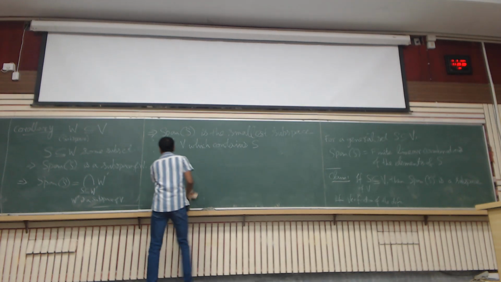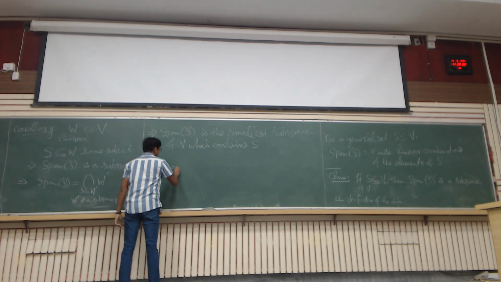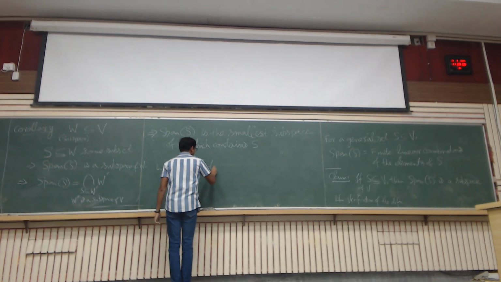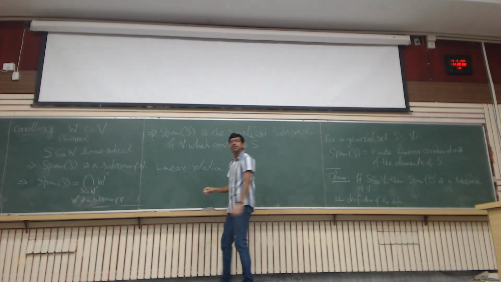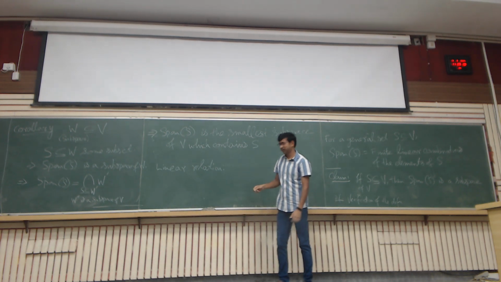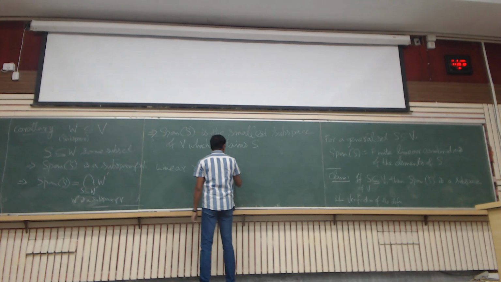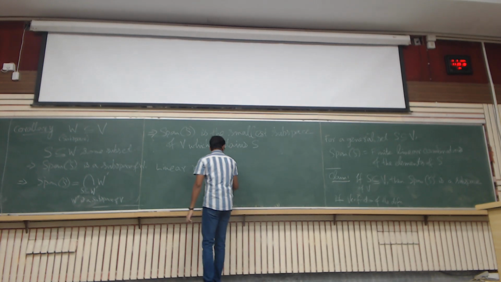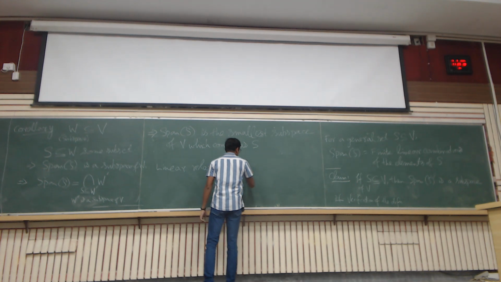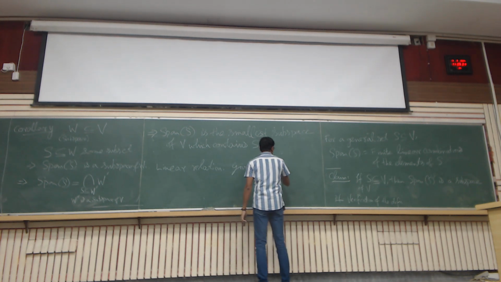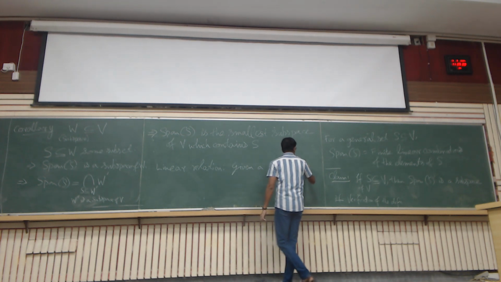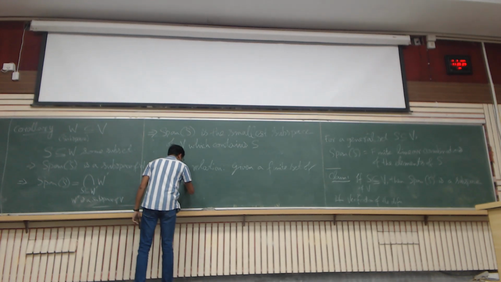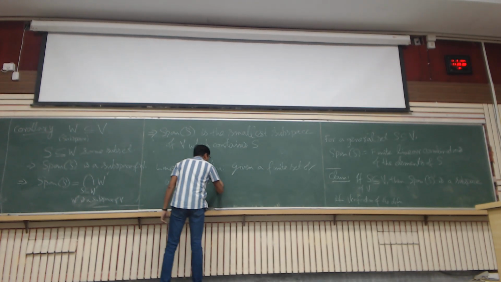Now we define what is a linear relation. Not linear combination, linear relation. Linear combination we have already defined, sorry. So linear relation is quite easy to understand. You are given a finite set of vectors V1 to Vn.